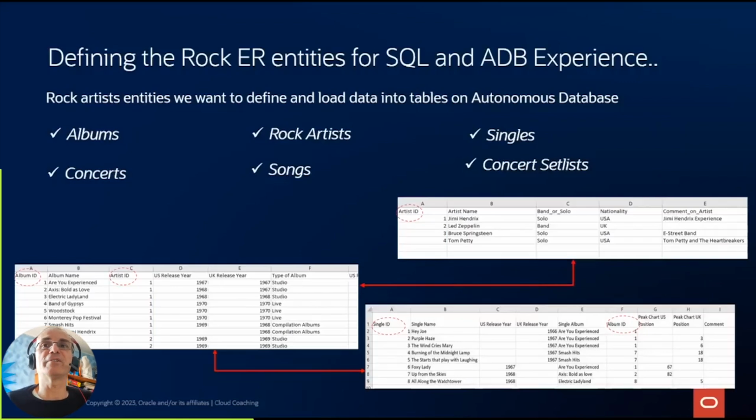A single can belong to an album, and an album belongs to a given artist. So we are preparing the ground for the parent-child association between the future tables we'll have starting from these entities.